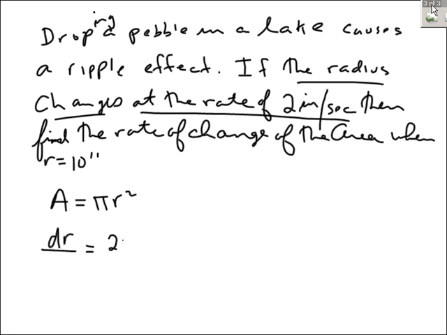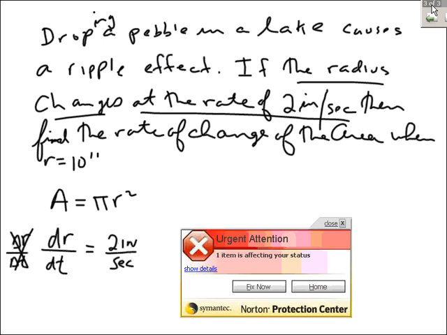The change in r is 2 inches, and it's doing it in 1 second, because the bottom is dt. Instead of saying the change in r over the change in t, we write d instead of delta or the triangle. So dr/dt is 2 inches per second.